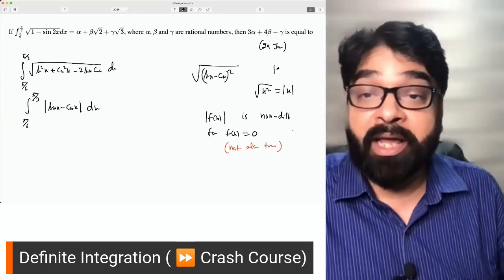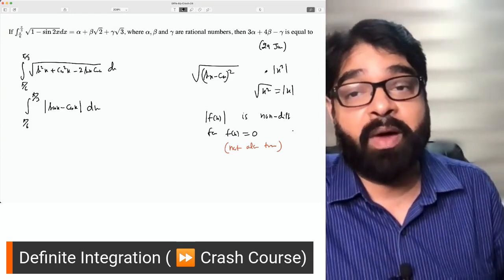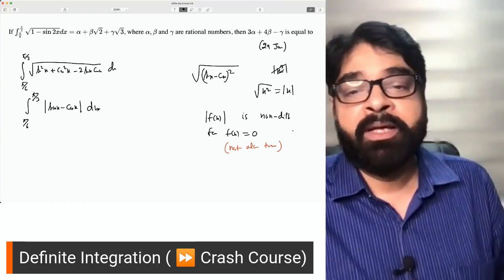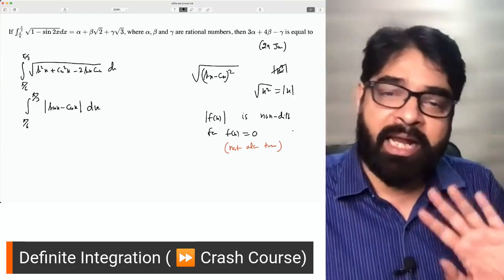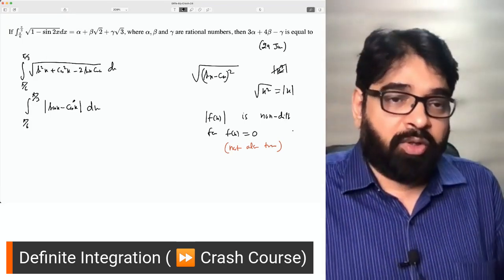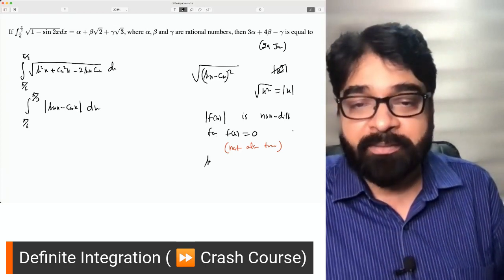Mod x cube, you cannot say it's non-differentiable at x equal to 0 because x square can come out. We'll discuss this in differentiability. But 99.99% of the time, this will be apt. So this will be non-differentiable when sin x equal to cos x.